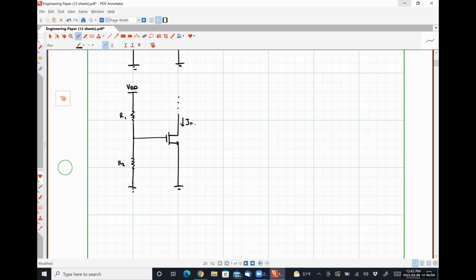Call this current ID1, since this is transistor M1. Let's call this voltage VGS1.